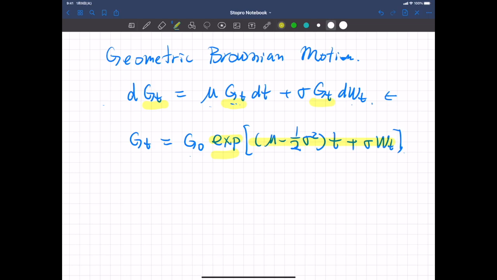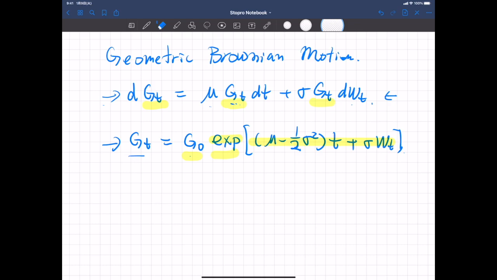As you can see, as long as G0 is positive, then Gt remains positive. What we are going to do now is to show that this is indeed a solution of this stochastic differential equation, and for that we need Ito's formula. So let's do it.